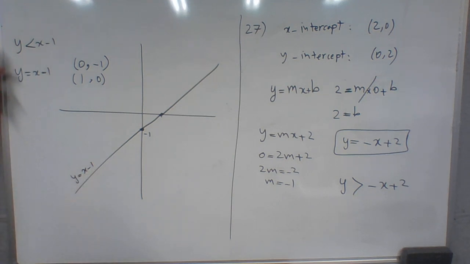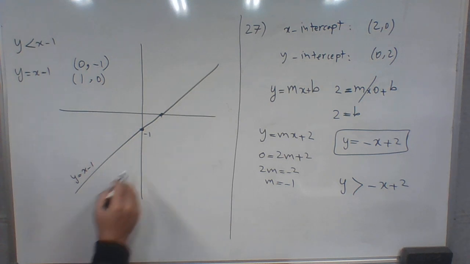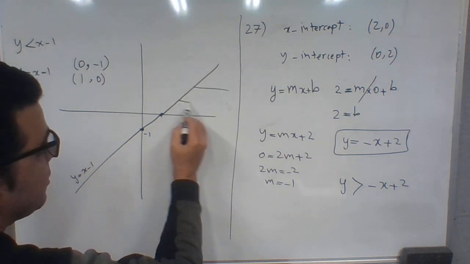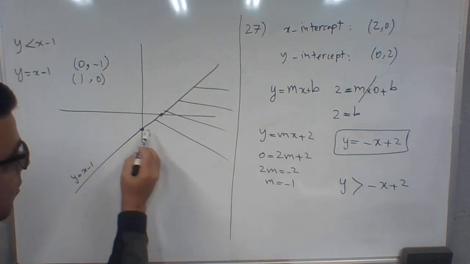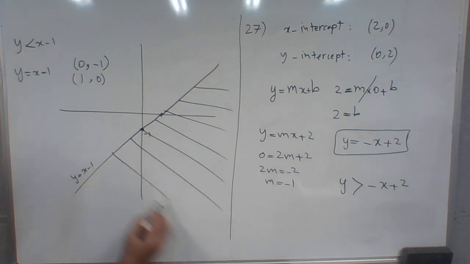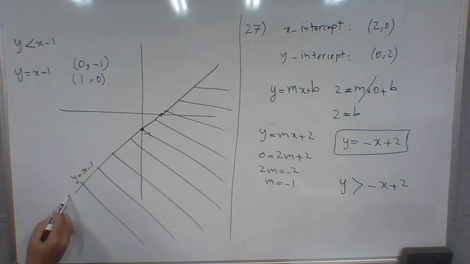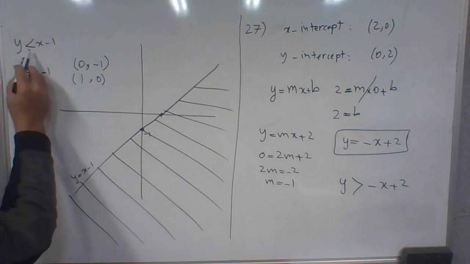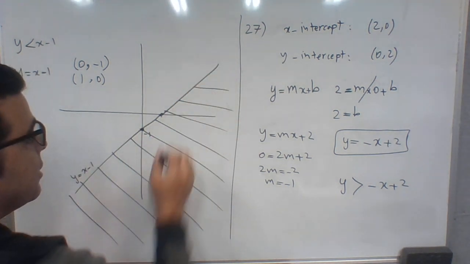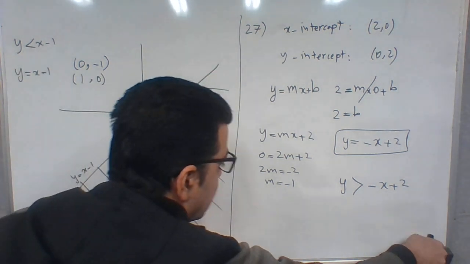And then this is y less than something, so it is for y toward negative infinity. So the answer will be this part. Since this is not an equality, the line is half shaded, not a full line.